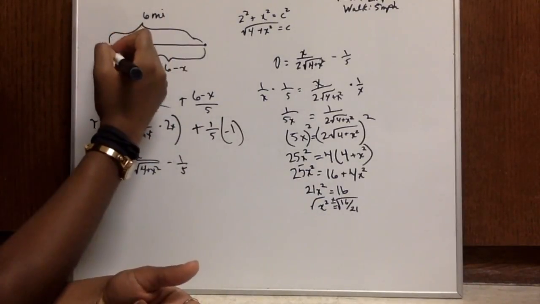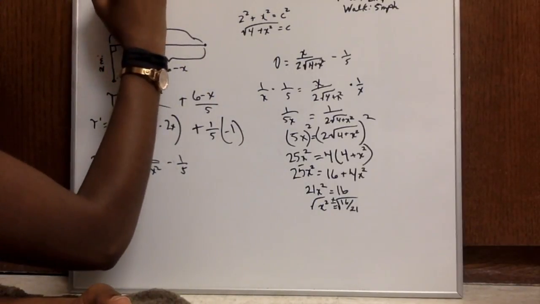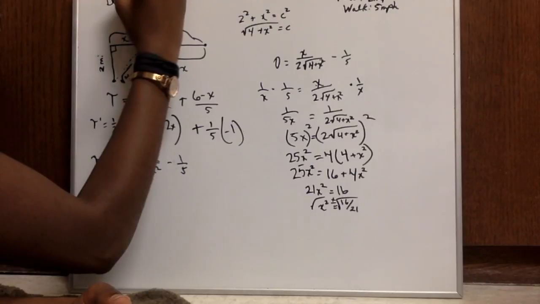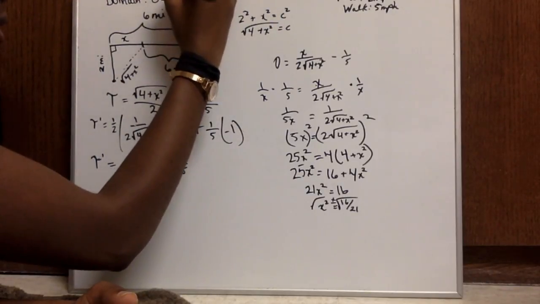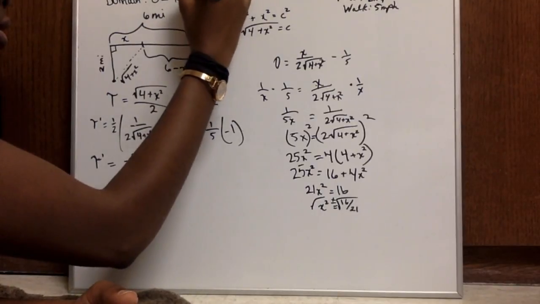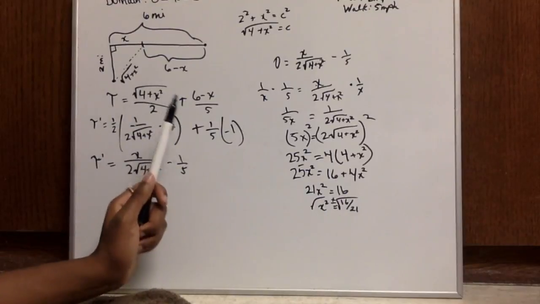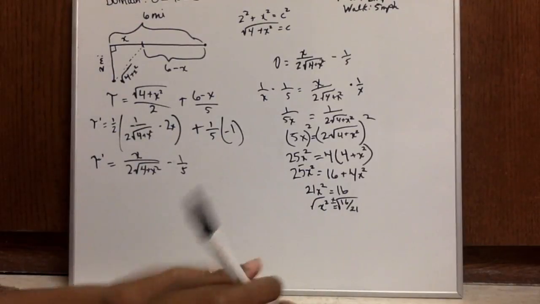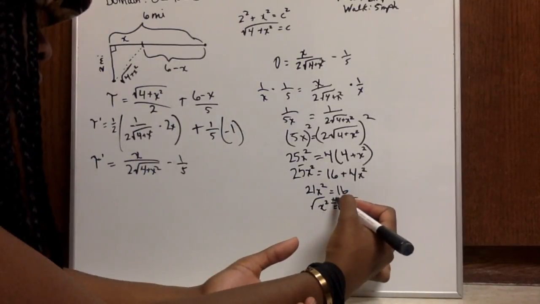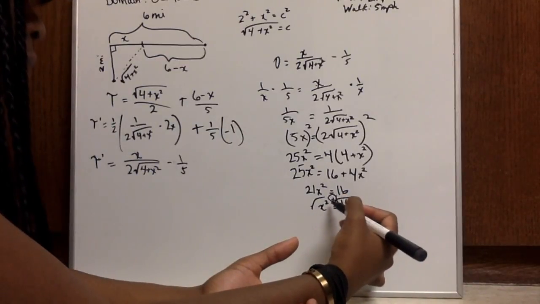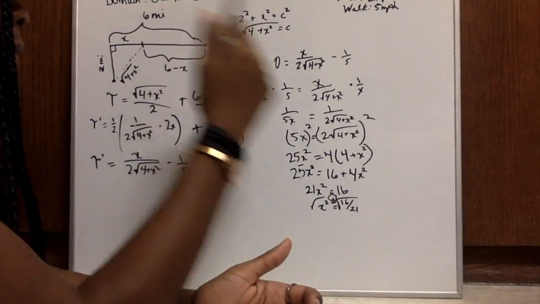So we know that the domain here, I'm going to write it here, is from 0 inclusive to 6 inclusive. So our x's can only be between 0 and 6, and can be those numbers as well. So here we're going to take the plus square root, because if we took the negative square root, then it would not be in our domain.